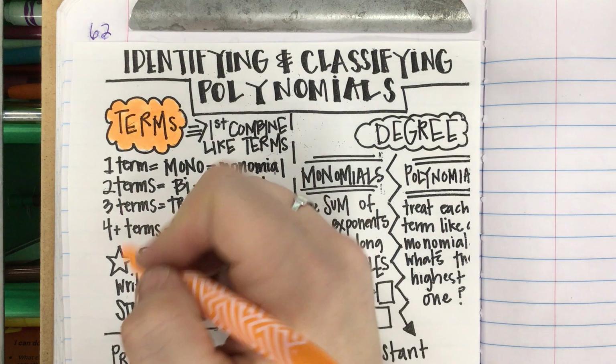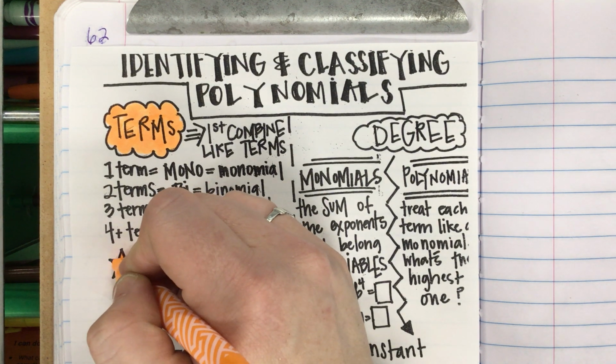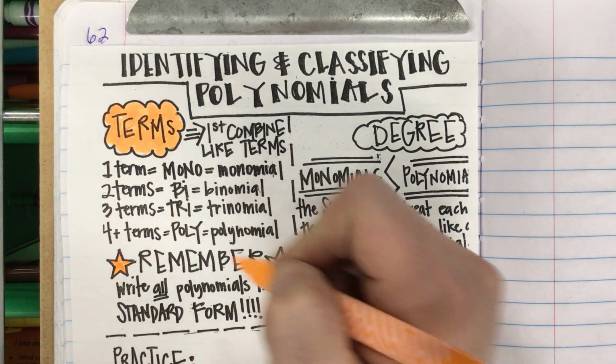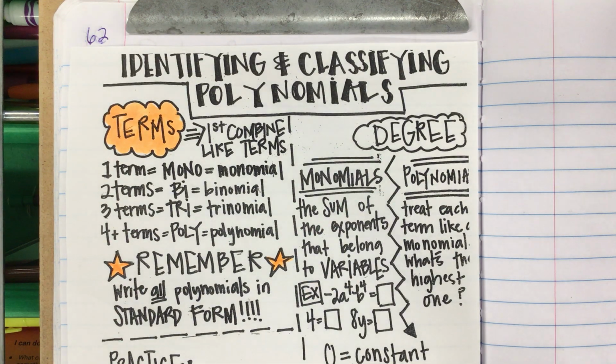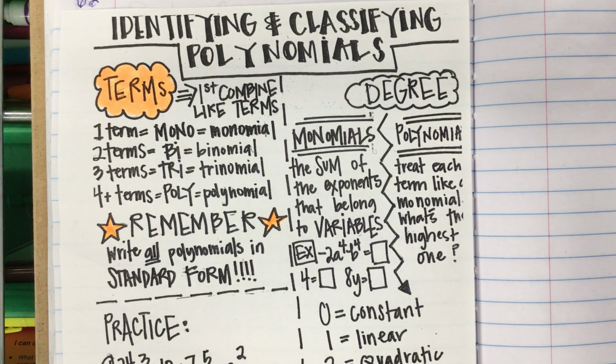Here's my last piece of advice. When you are classifying according to anything, remember, every polynomial, every problem that you write must be in standard form. Do you remember what standard form is? Yeah. When x and y. Oh yeah. X and y are on the same side?